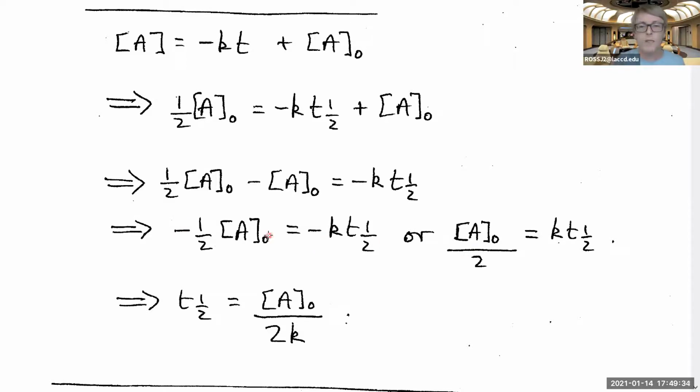And then we can just isolate kt1/2 to give us this expression. And then we can divide both sides by k to give us our final expression for the half-life of a zero-order reaction, which is the initial concentration of A divided by twice the rate constant.